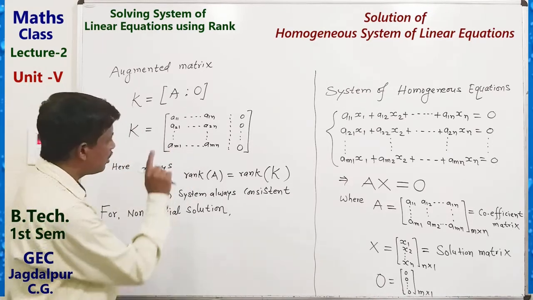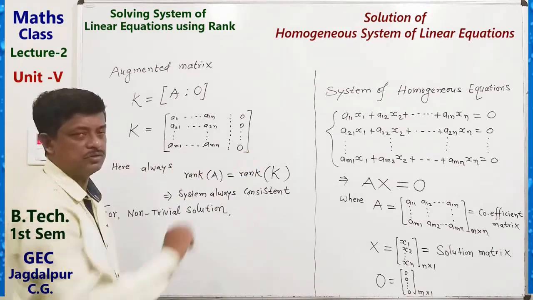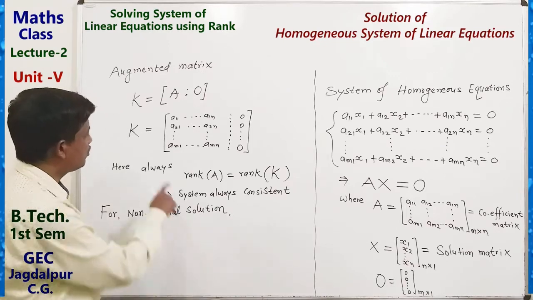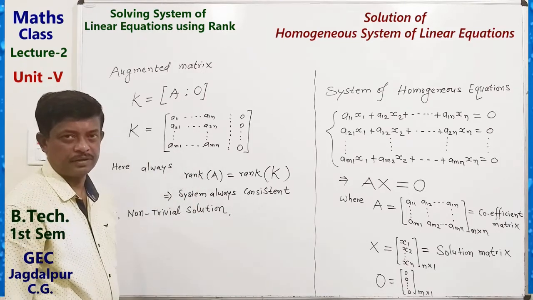Here the number of unknowns is n and the number of equations is m.